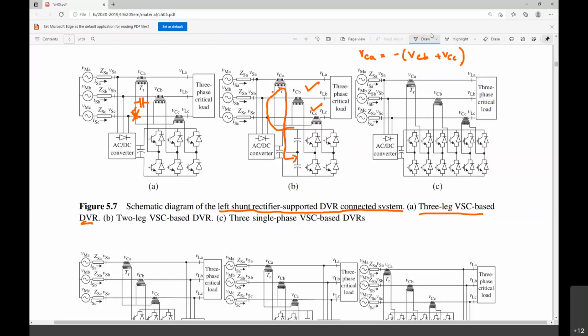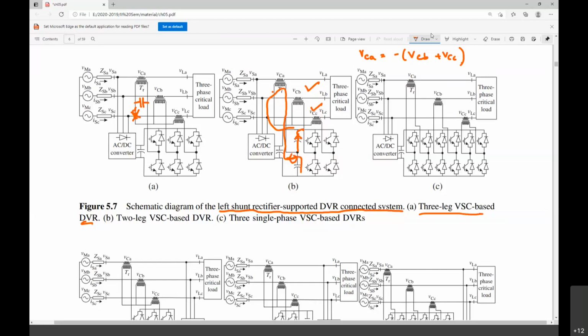Either it is going to charge this capacitor, if the current direction is this way, or if the current direction is opposite, then it is going to go this way. Okay.